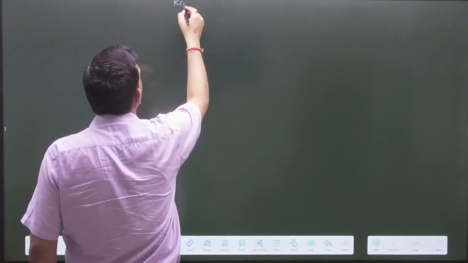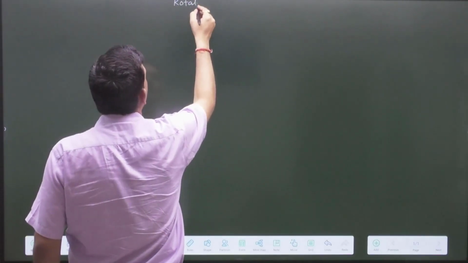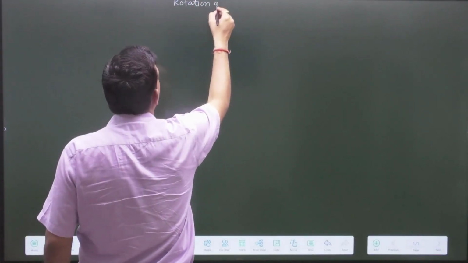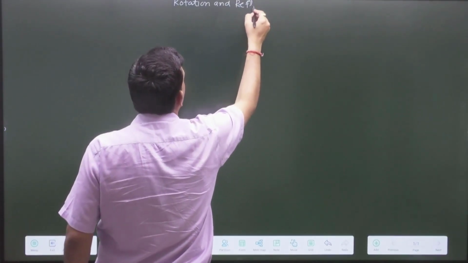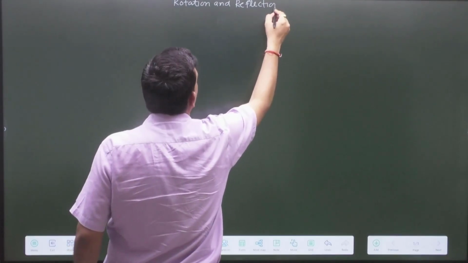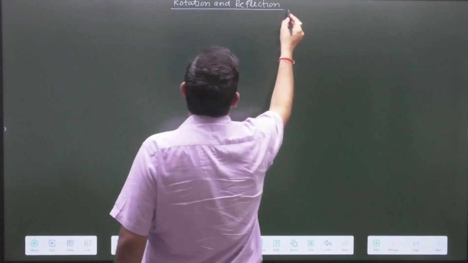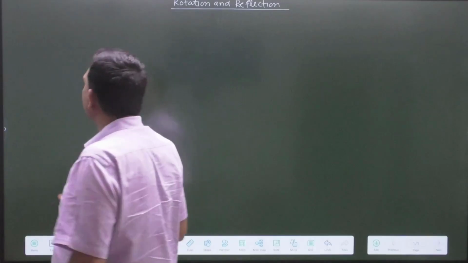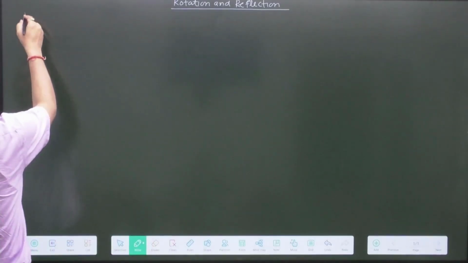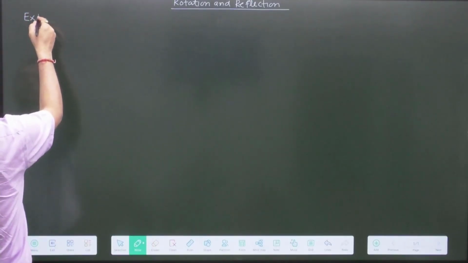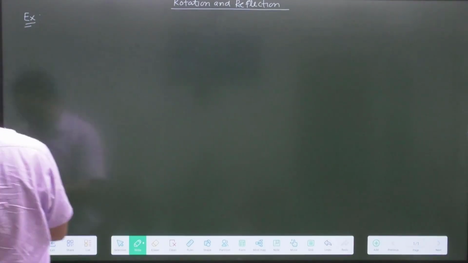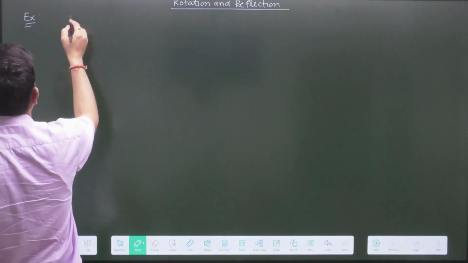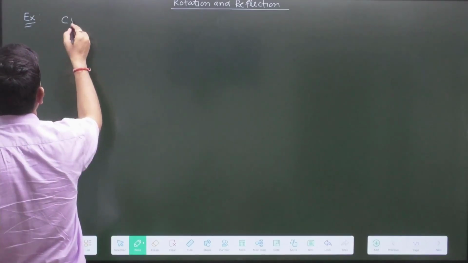So we were discussing rotation and reflection. So let's take another example. Matrix is given. So this matrix is another matrix. Let's take it as C matrix.